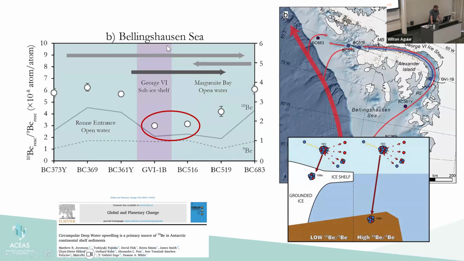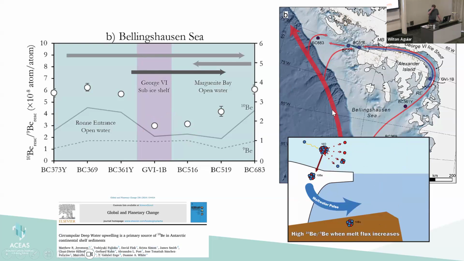And what we see is that the sub-ice shelf, which is in purple, and the immediate outflow site, which is quite a substantial distance away from the ice shelf front, is effectively the same. So if you were to try and compare those two points back in time, you wouldn't be able to differentiate the environment from that. So it doesn't look like that's working. But if we move on to the meltwater pulse hypothesis, then a similar process of logic applies.